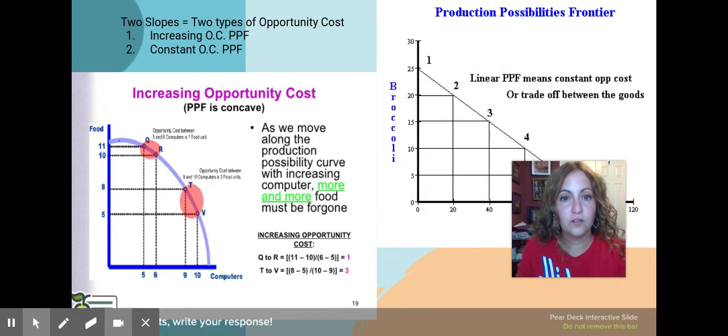And the curve shows us how much our choice is going to cost us, whether we choose to make broccoli or pizza or computers or food or guns or butter. It's going to cost us the other thing, whatever that is. And so, how much it's going to cost us depends on the slope. And the slope depends on what resources are being used, whether they're similar resources or different resources.